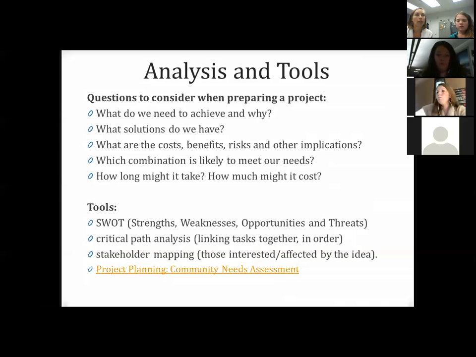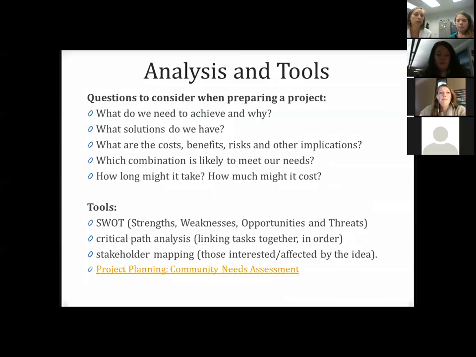They end up with either an unsuccessful event because they don't have the buy-in from people who need to be involved, or doing something that others see as duplicative of what they're doing and therefore competition, and therefore they might actually undermine your efforts. So thinking about who all would be interested in those same issues and at least reaching out, not that everybody's going to partner with you or that makes sense, but having done that outreach and at least touch base with them, I think is an important step.